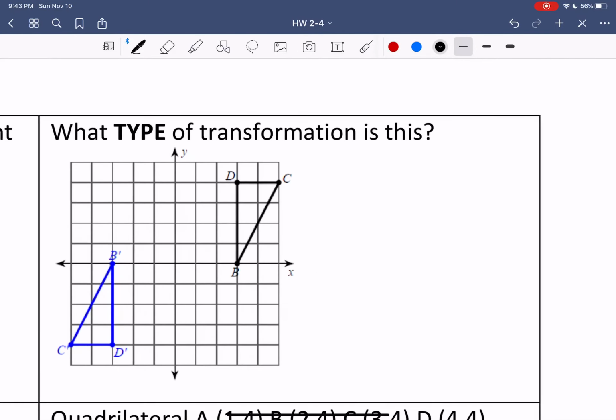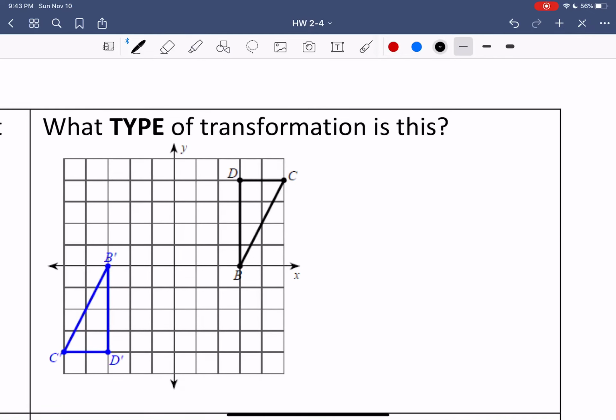Going into what we learned this past week on transformations, we're being asked to distinguish which type of transformation is happening. So just to remind everybody, the triangles that are given without any markings, just the letters, will be labeled as our pre-image.